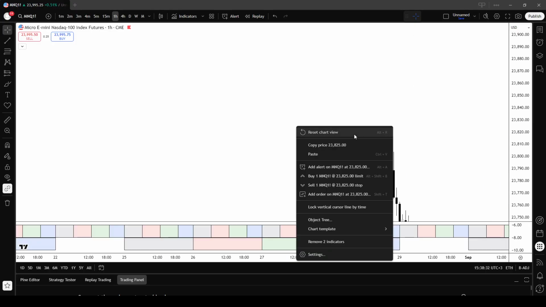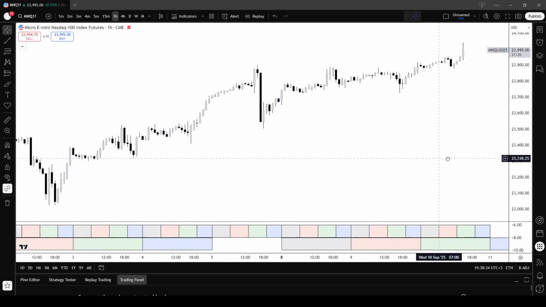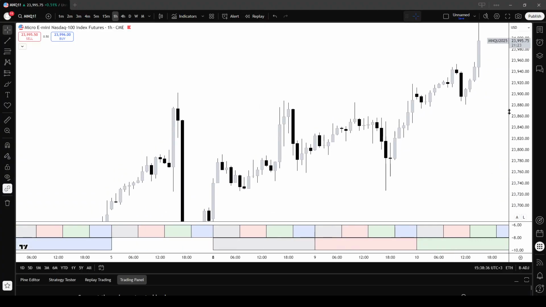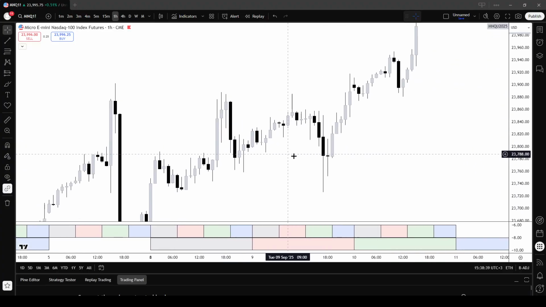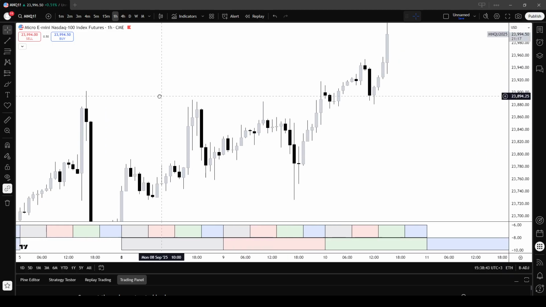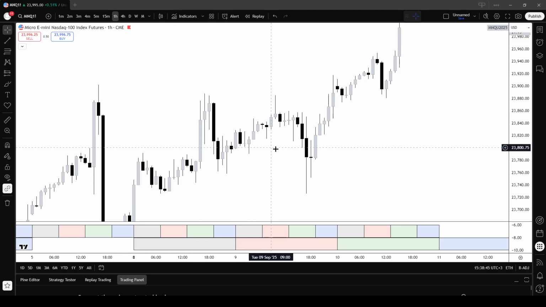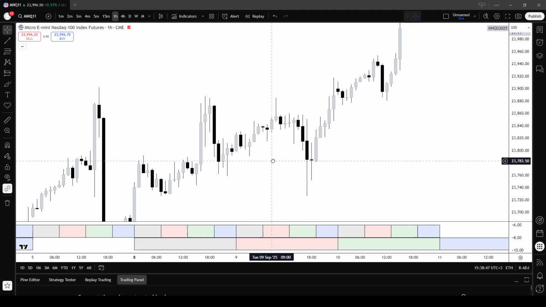So first, as you know, I always like to see the weekly SMT. That is one of my confluences.